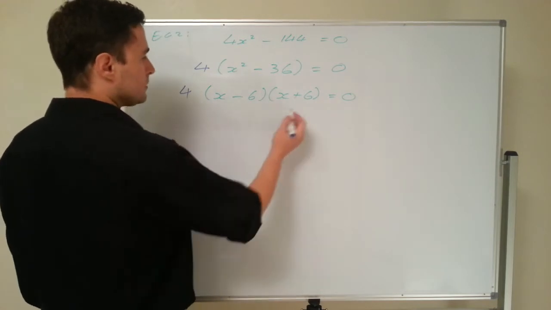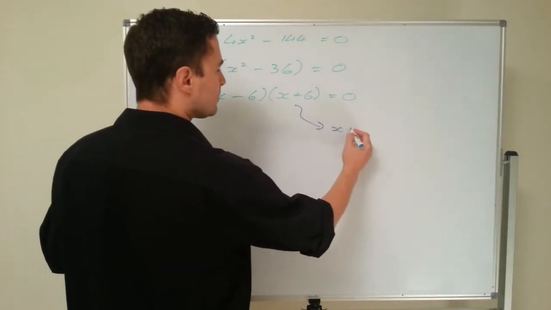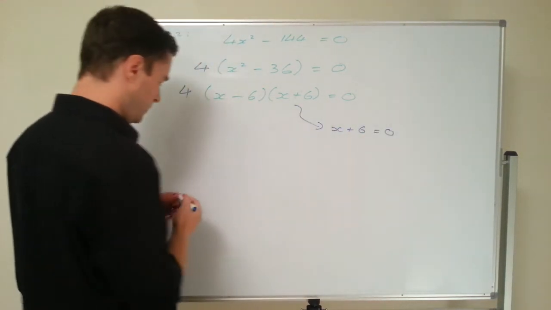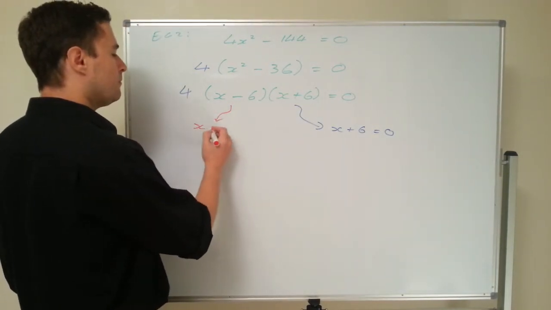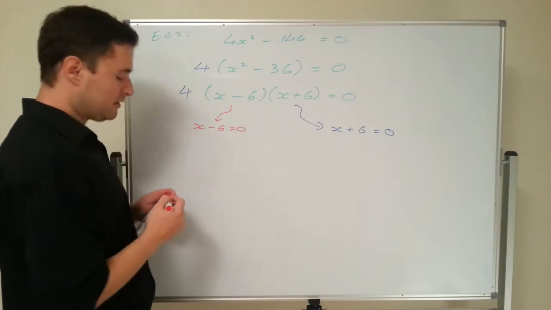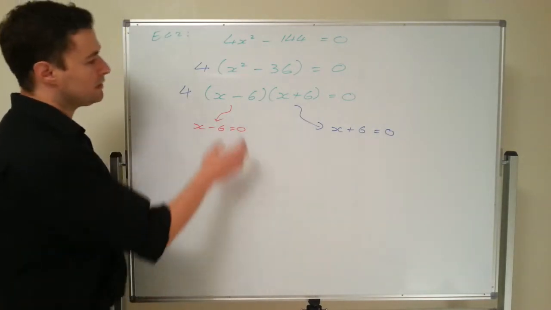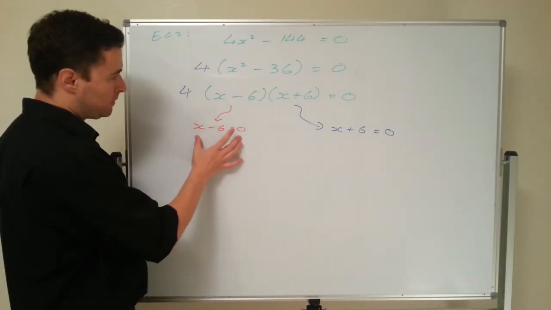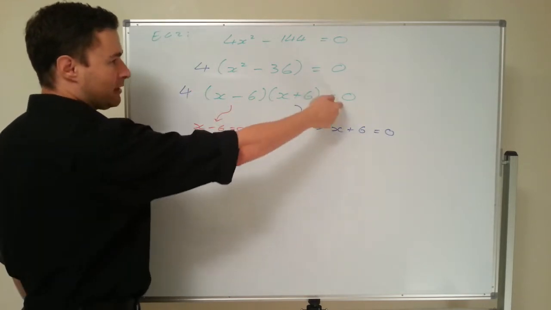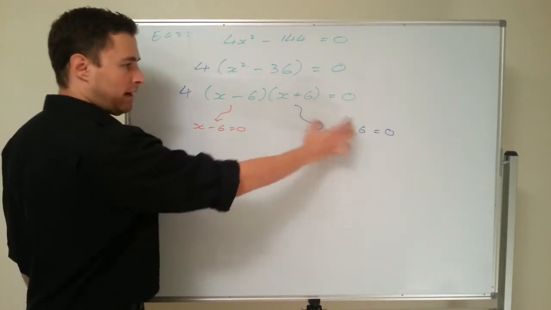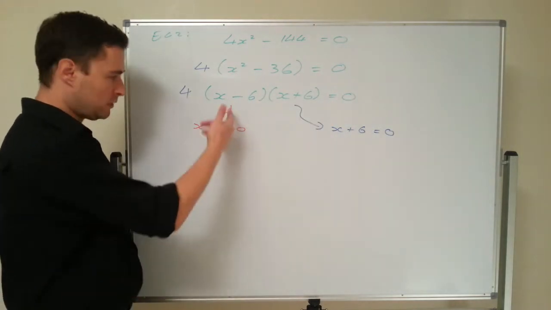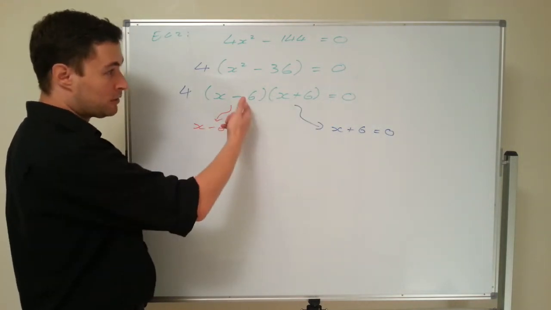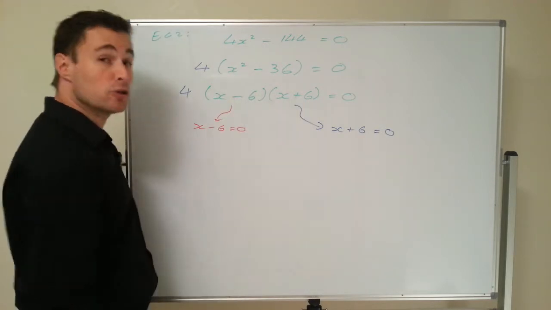So where does this leave us? This leaves us two options. Either x plus 6 equals 0, or x minus 6 equals 0. It's really useful to understand why each of these has to be equal to 0: because 0 times anything gives me 0. That's the principle behind splitting up the two linear factors that go into a quadratic.